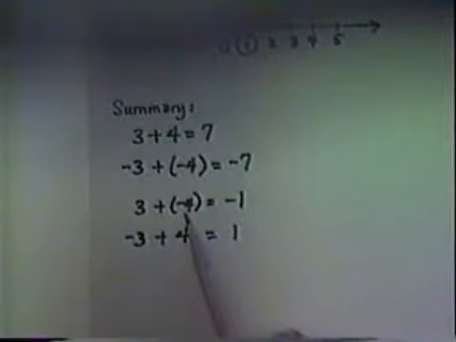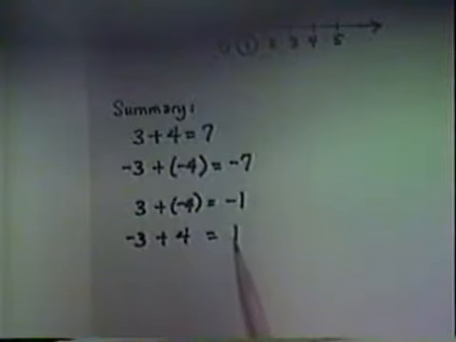Or, in the case where they're going in opposite directions, 3 plus negative 4, we went 3 to the right and then 4 back to the left, landing at negative 1. And negative 3 plus 4, we went 3 to the left and 4 to the right, landing at 1.